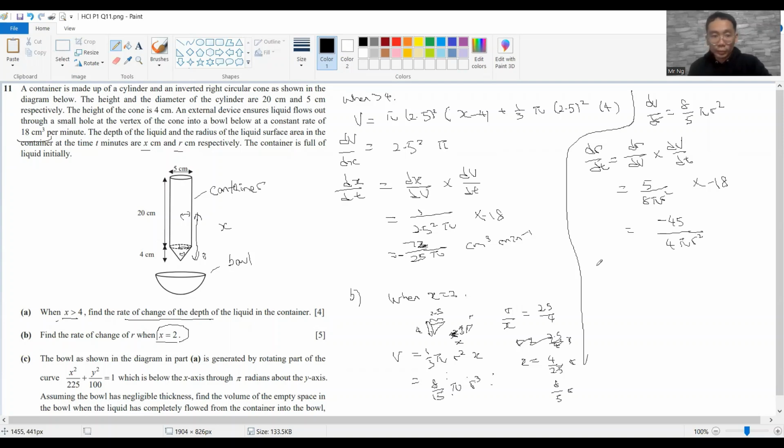Okay, then after that, when x equals to 2, your r will be equal to 1.25. So your dr/dt is equal to this one divided by this. And let me check.